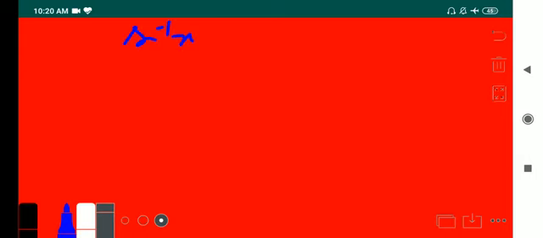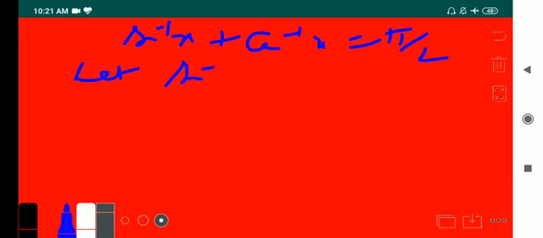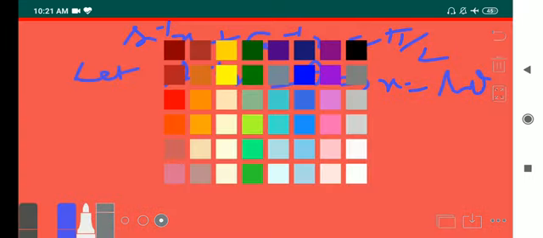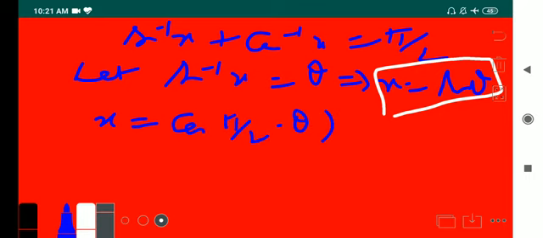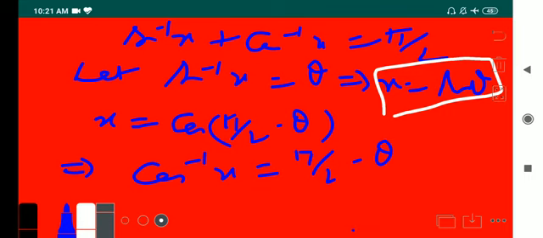Sine inverse x plus cos inverse x equal to pi by 2. So let sine inverse x equal to theta. So we can say x equal to sine theta. Now x equal to sine theta, and you know sine theta can be written as cos of pi by 2 minus theta, and this shows that cos inverse x equal to pi by 2 minus theta.